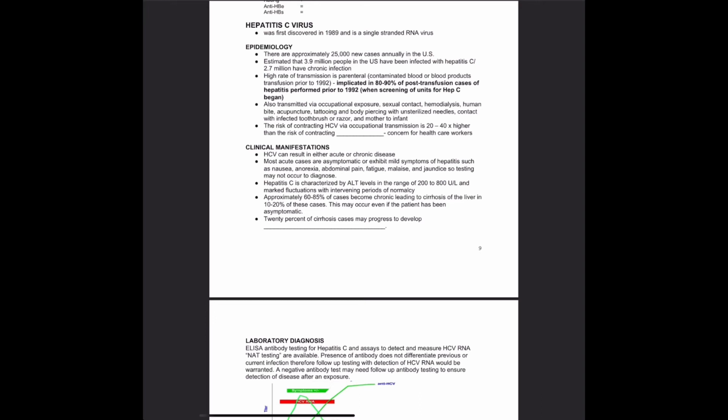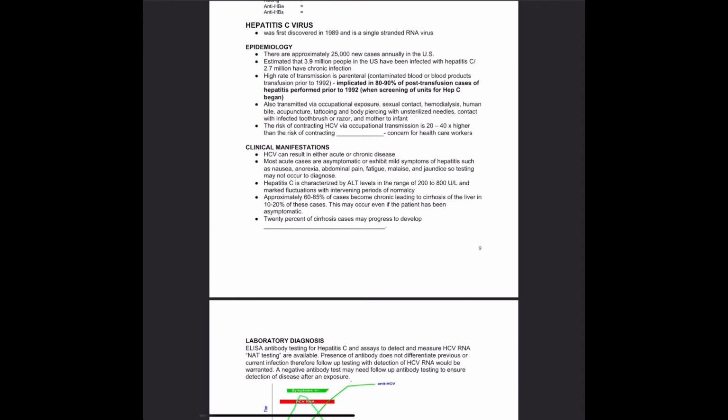Most acute cases are asymptomatic or exhibit mild symptoms such as nausea, anorexia, abdominal pain, fatigue, malaise, and jaundice, so testing may not occur. Hepatitis C is characterized by ALT levels that range between 2 and 800 and marked fluctuations with intervening periods of normalcy.